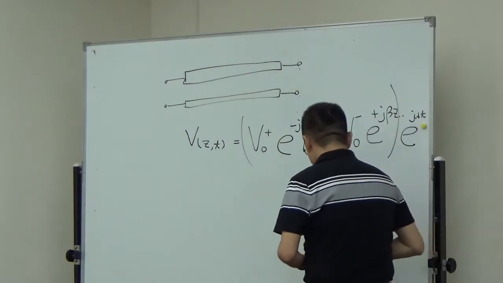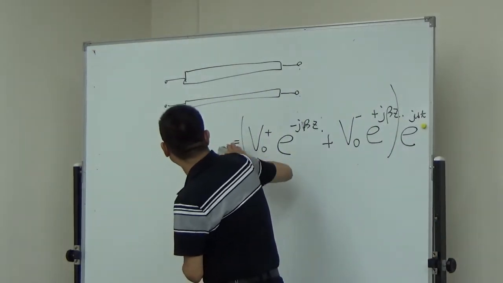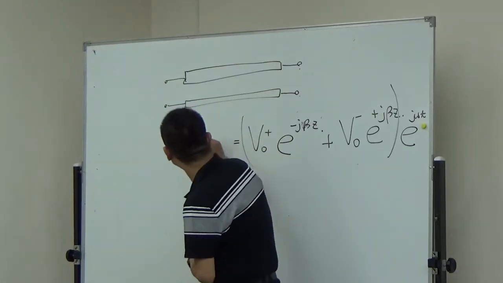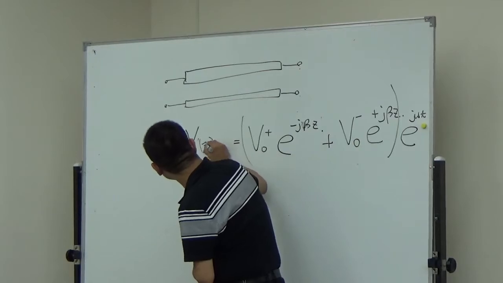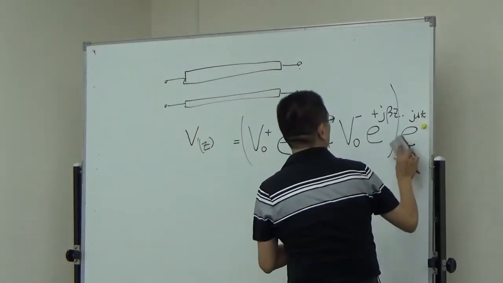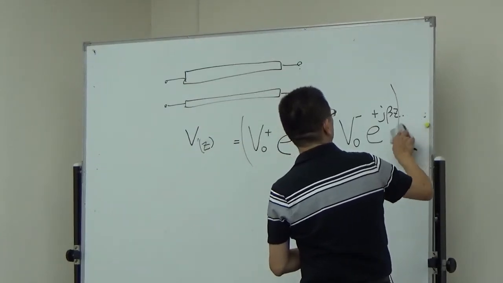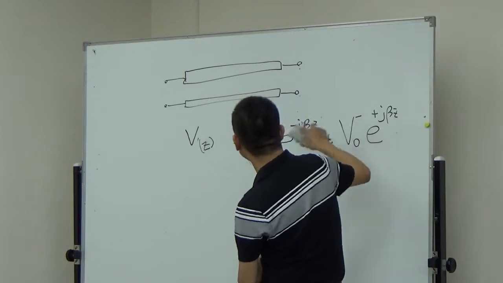Okay? To simplify the equation, we only consider it as a function of z. If you consider only z, just get rid of the function of exponential j omega t.